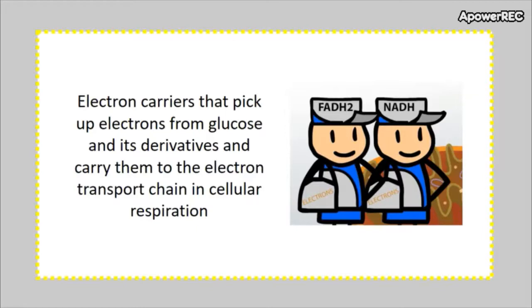And its derivatives, such as NAD plus to NADH or FAD plus to FADH2, carry these electrons to the electron transport chain in order to conduct cellular respiration, which produces ATP and regenerates our positively charged NAD plus and FAD plus in order to repeat the cycle.